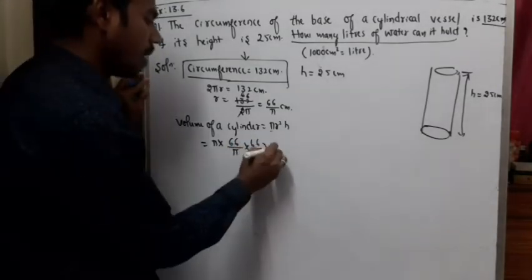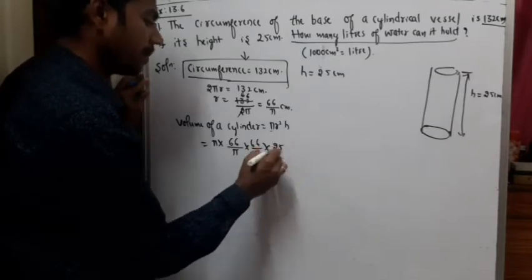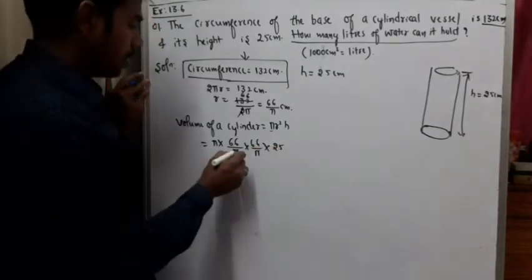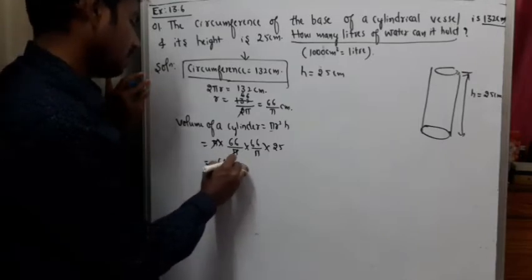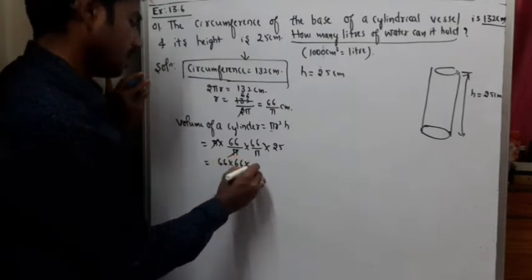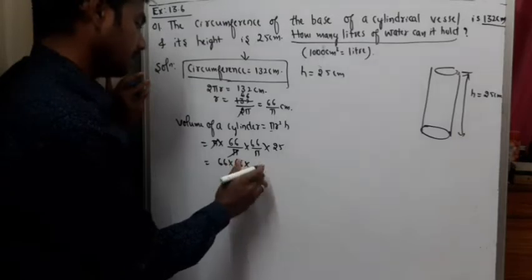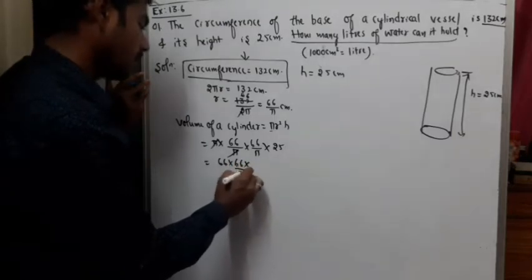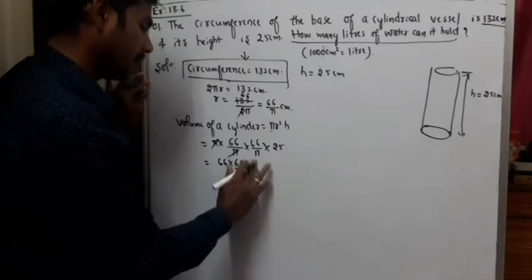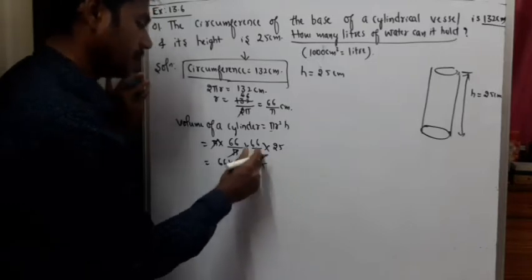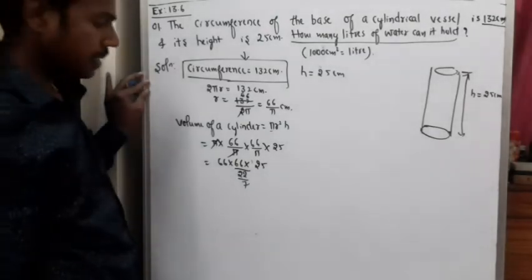Into what is h? h is 25. This pi will get cancelled. 66 into 66, divided by 22 divided by 7, into 25. This pi can be written as 22 divided by 7.